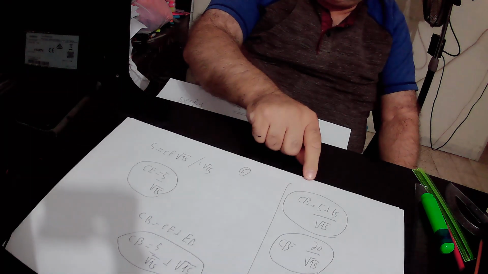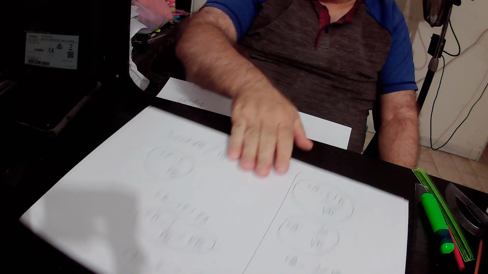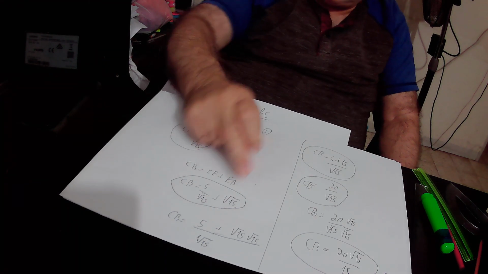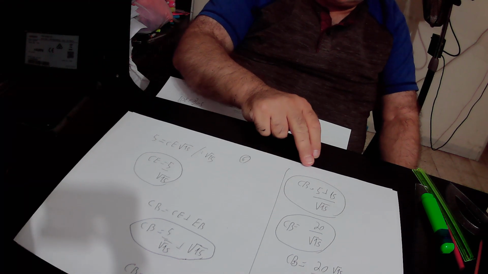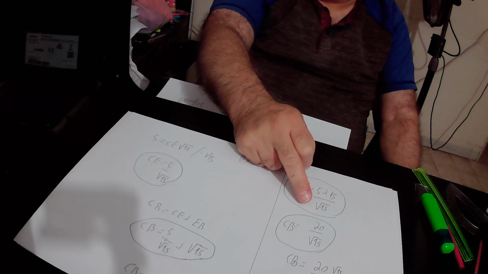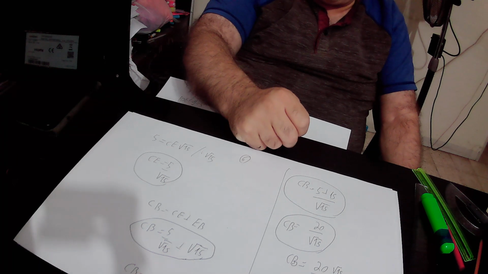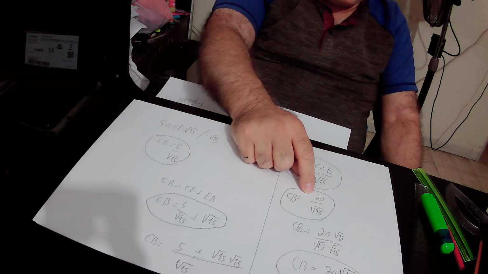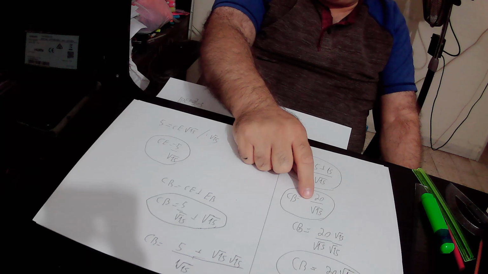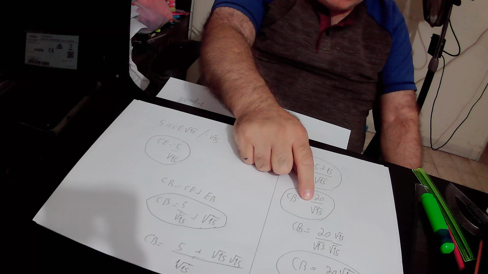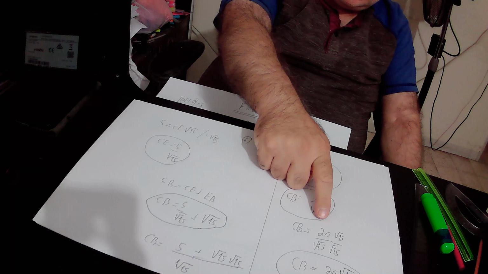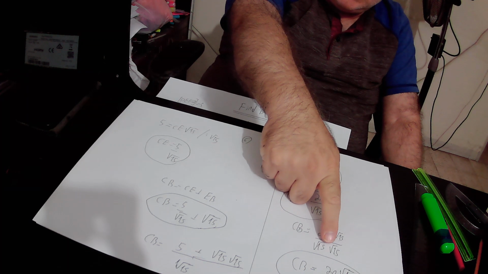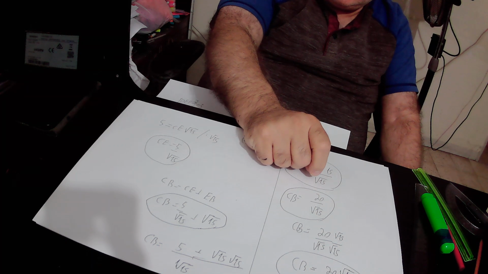Square root of 15 times square root of 15 is 15. So in the numerator we have 5 plus 15, and in the denominator we have square root of 15. 5 plus 15 is 20. So CB equals 20 over square root of 15. Then we multiplied this expression by square root of 15 and divided by square root of 15 in order to eliminate the square root in the denominator, so we changed nothing.